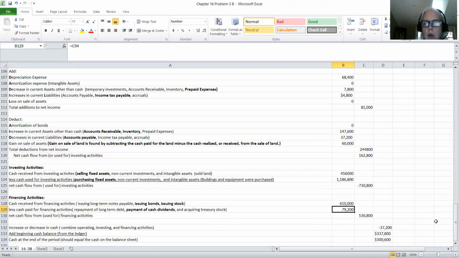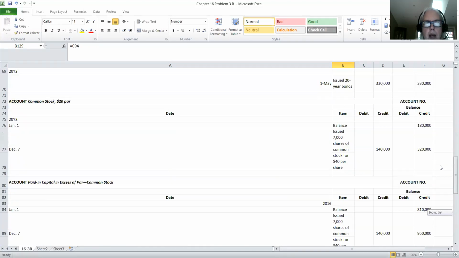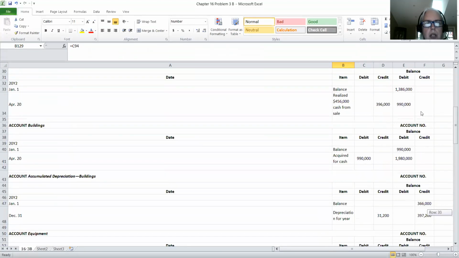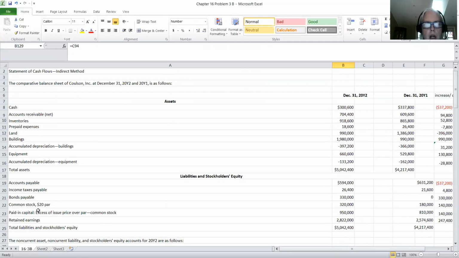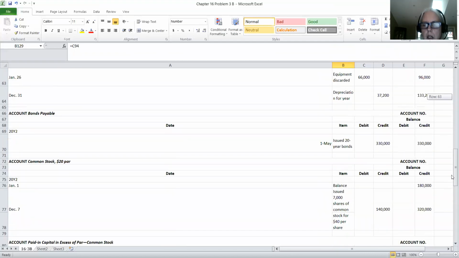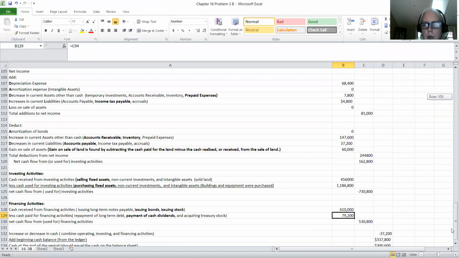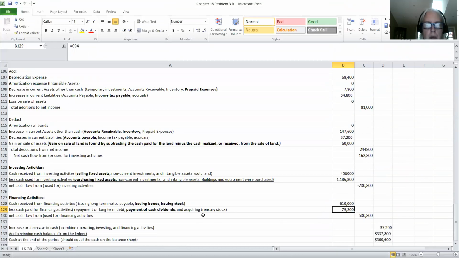There was no treasury stock on this balance sheet. If we had had treasury stock, it would have been listed under stockholders' equity in one of the last lines here. There was no treasury stock, so we don't record anything about acquiring treasury stock because we didn't do that.